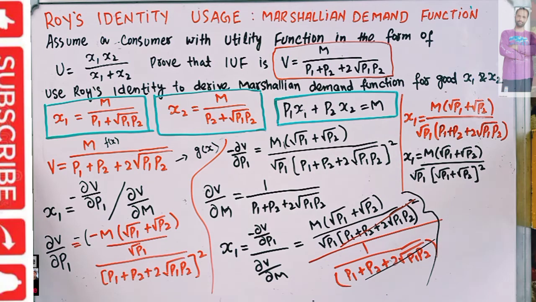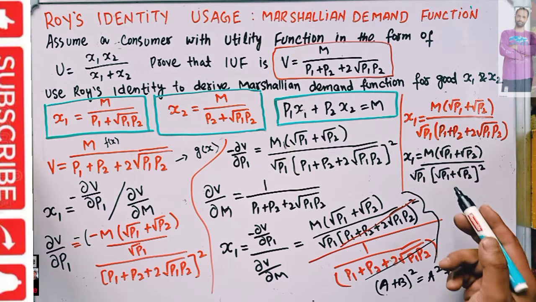For this I have used the formula which you know from your mathematics, that is a plus b whole square is equal to a square plus b square plus twice ab.